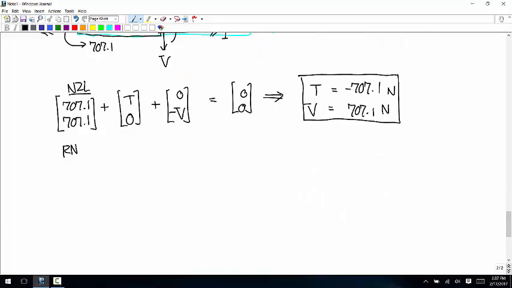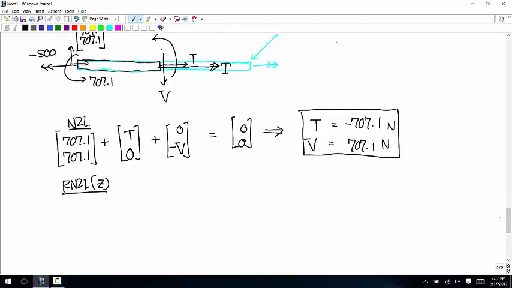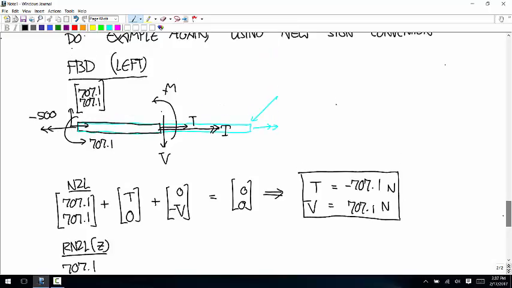And then the moment equation about the z-axis, we have a couple of positive 707.1 from the wall. And now, this bending moment M, is that rotating in the positive z direction or the negative z direction, according to the right-hand rule? Positive.